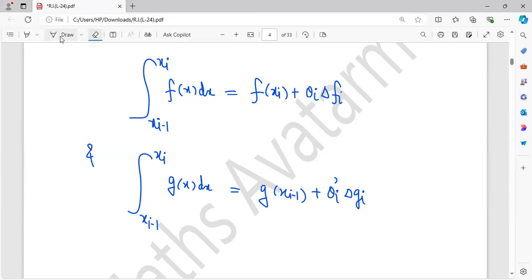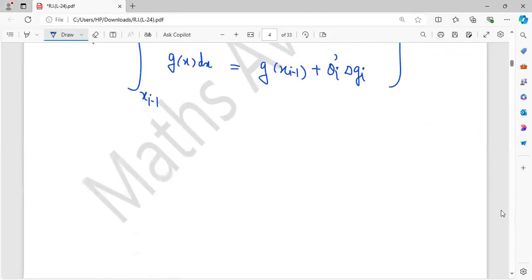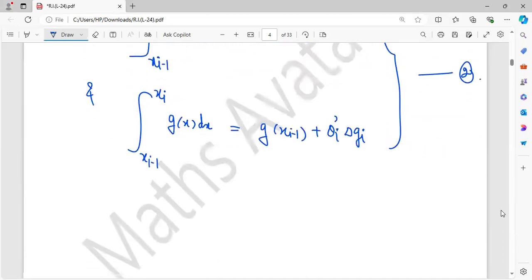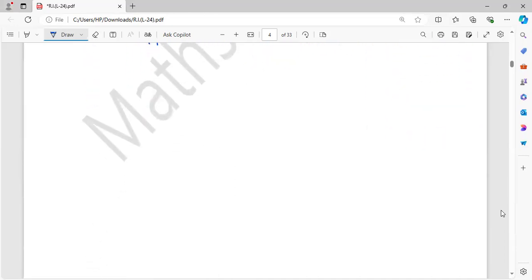So this is equation number 2. From 1 and 2, what do we get?